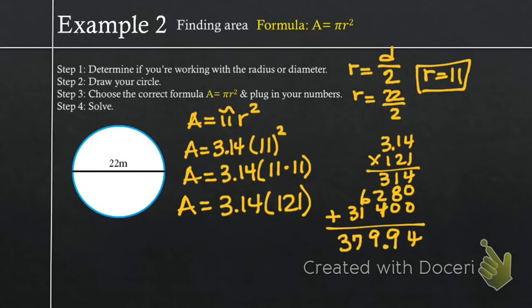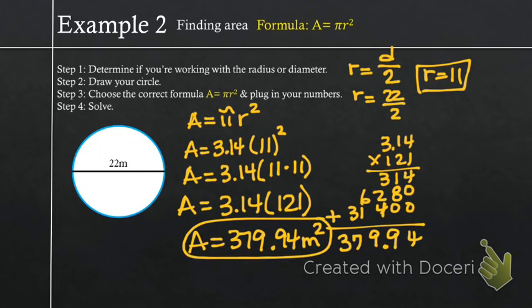We have 2 behind our decimal place, so you should get A equals 379.94. Our units are meters squared. Make sure you show your formula every time you work out a problem, in every single step.